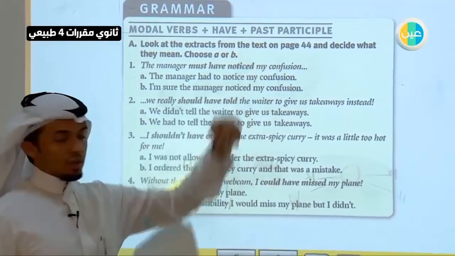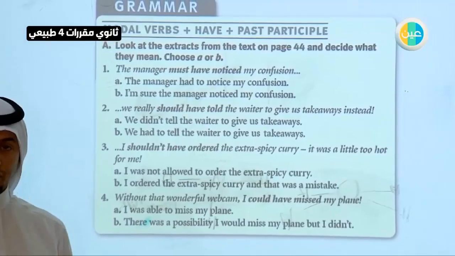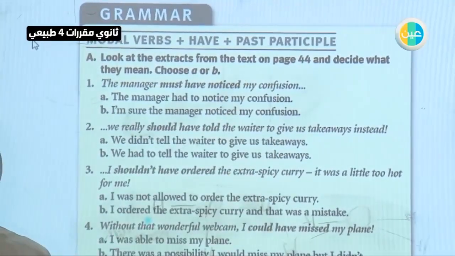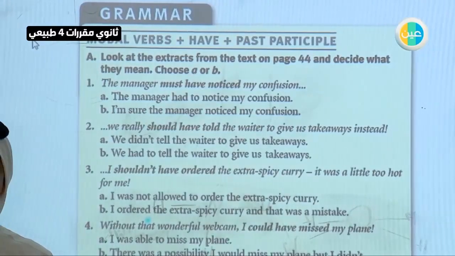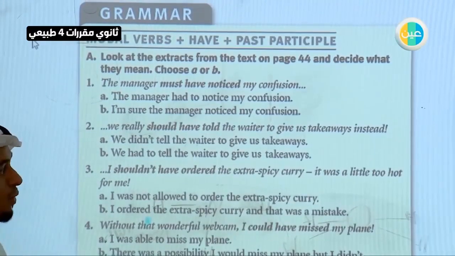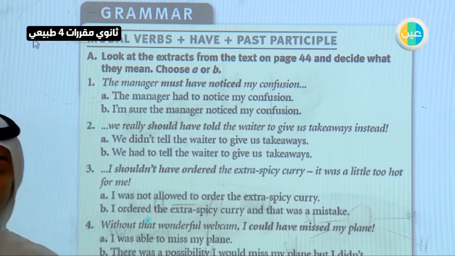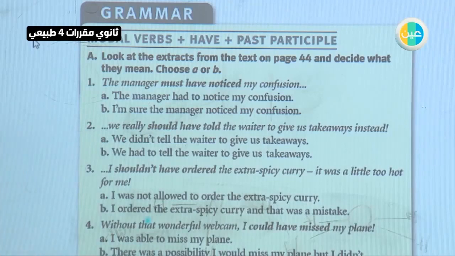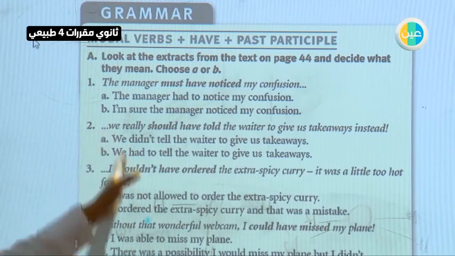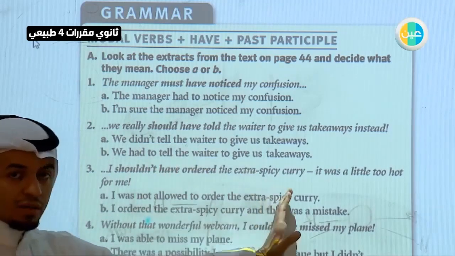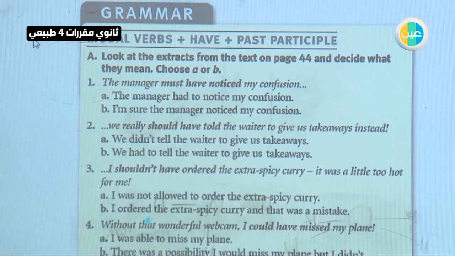What are the past participle words? The past participle you can find in the table in your book on page 81. If you open your book on page 81, you see 3 columns of words: base form, past, and past participle. Those are the irregular verbs.